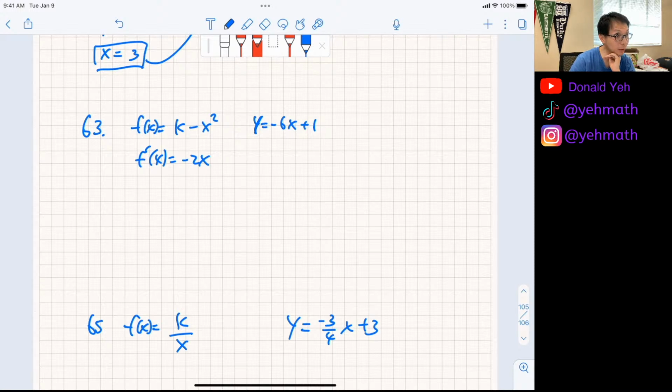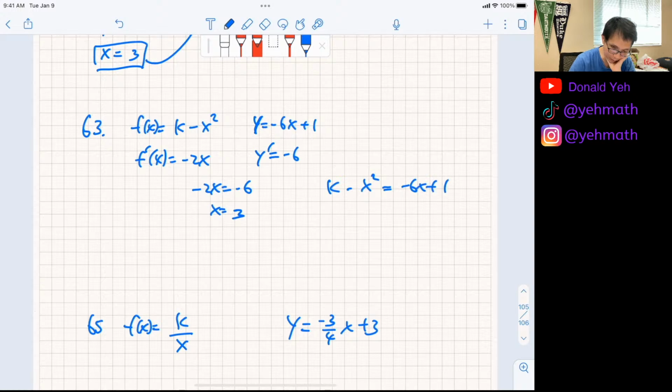There's no k. k is a constant. y prime is equal to negative 6, so negative 2x equals negative 6, x equals 3. Then k minus x squared is equal to negative 6x plus 1, and you plug in 3. So k equals 8. I just didn't want to solve it, but I don't have enough time.